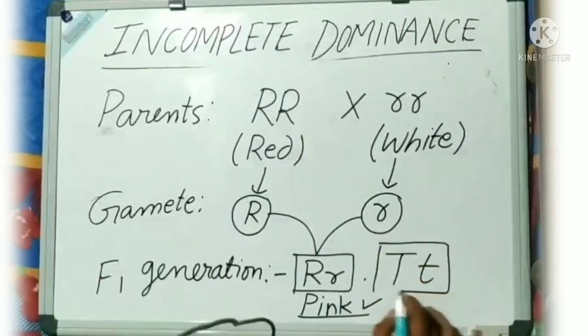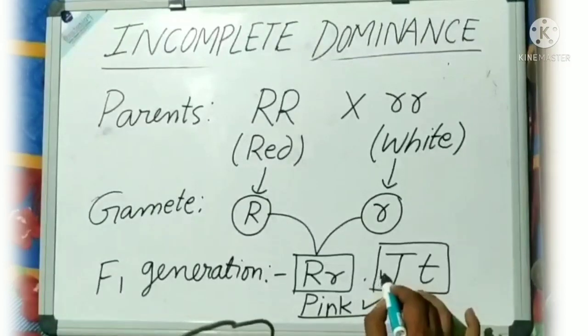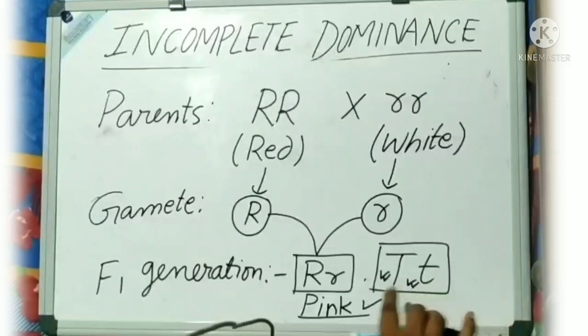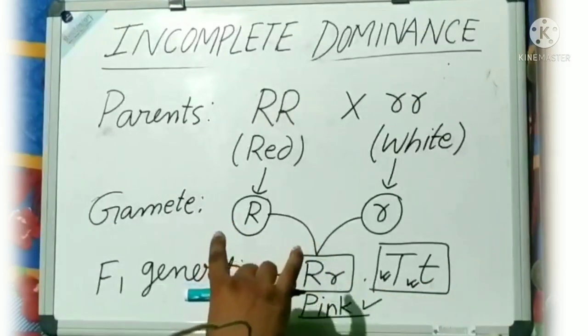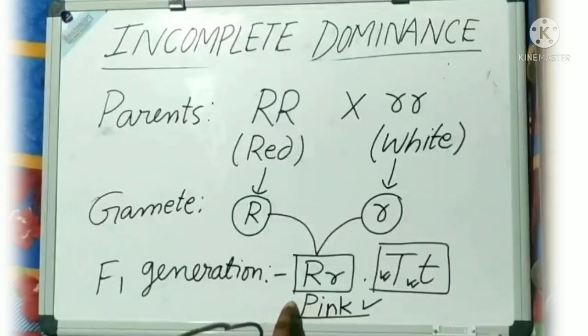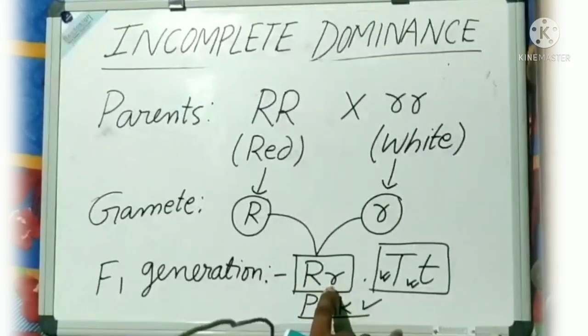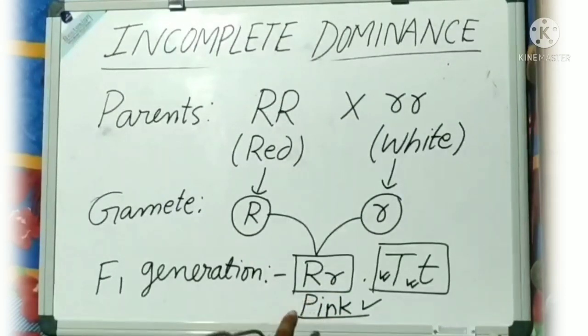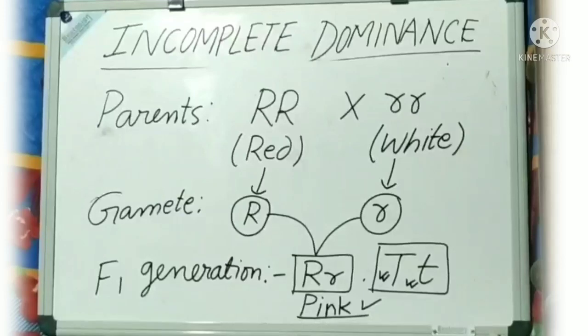We have discussed it earlier because capital T is completely dominant over small t. But in the case of Mirabilis jalapa, we find incomplete dominance. Here capital R is not completely dominant over small r, and that is why we get a different phenotype plant in the F1 generation.